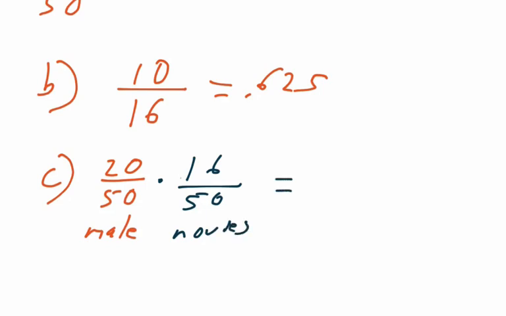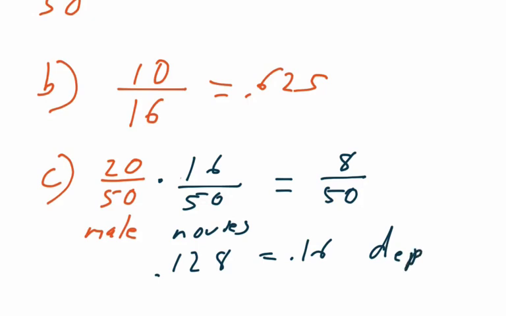And if these are independent, how many people are both? And that would be 8 out of 50. So 20 out of 50 times 16 out of 50 is 0.128. And 8 divided by 50 is 0.16, which means that these two things are dependent, because when we multiply the probabilities together, they didn't equal the intersection.